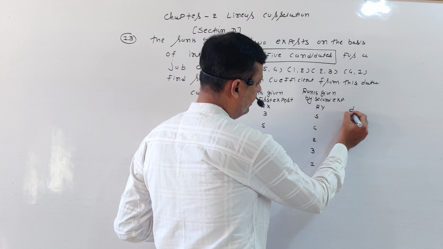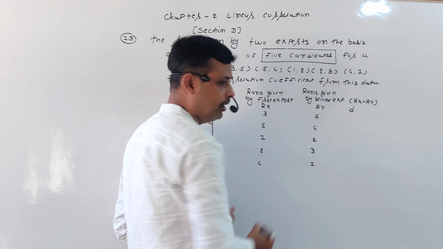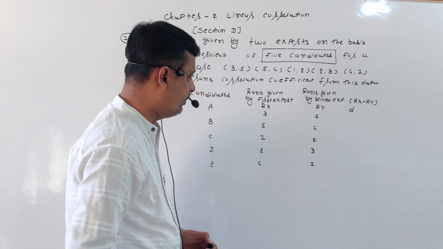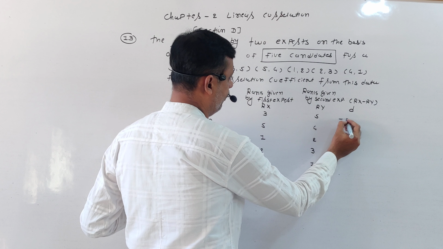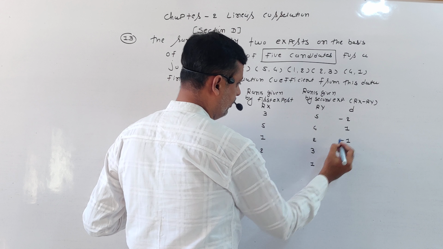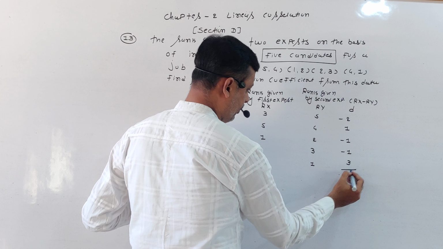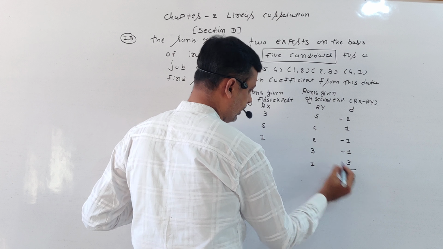First we find the difference Rx minus Ry. So D is equal to Rx minus Ry: 3 minus 5 is minus 2, 5 minus 4 is 1, 1 minus 2 is minus 1, 2 minus 3 is minus 1, 4 minus 1 is 3.